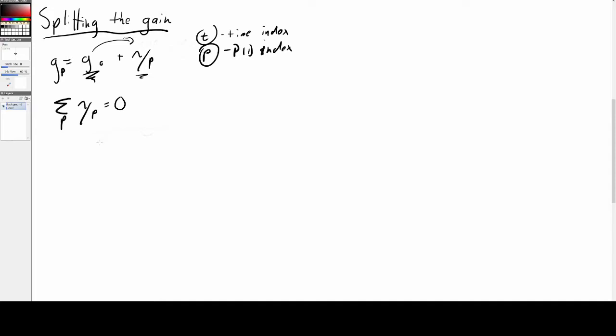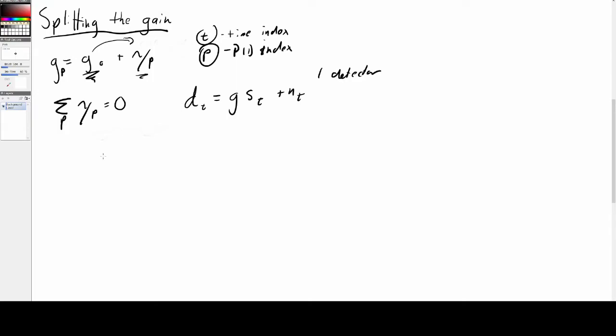The next thing that we need to keep in mind is that all of our discussion so far has basically been about a single detector. When I wrote this equation earlier, this was all in the context of one detector.